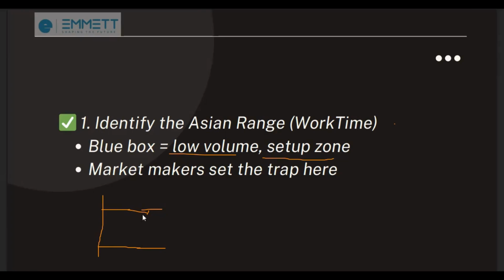Okay? Most importantly, the market makers set traps in here, right? They move down, move up, move down, move up until the session closes. All they are doing is accumulating money. They are accumulating those orders, squeezing in the price together into a small range, right?